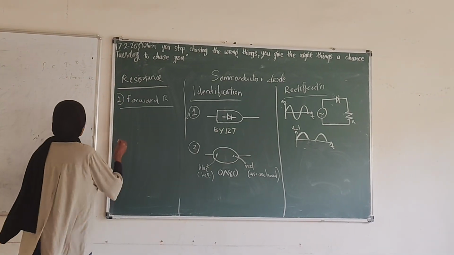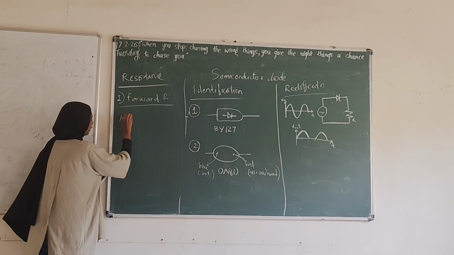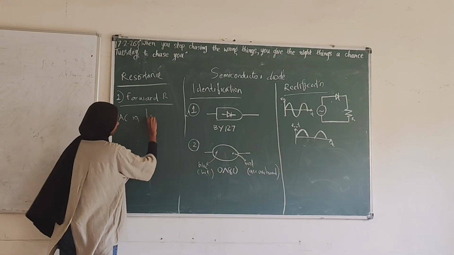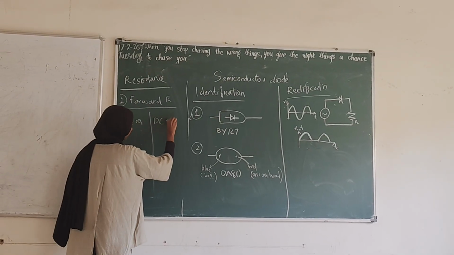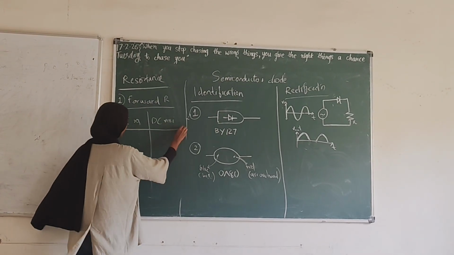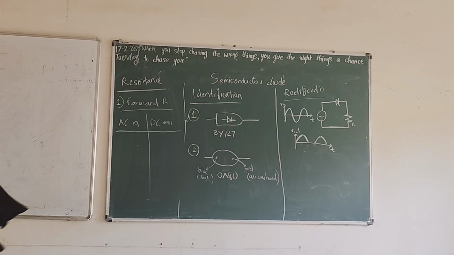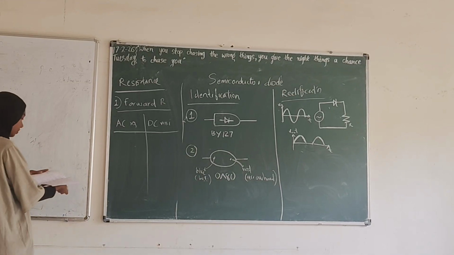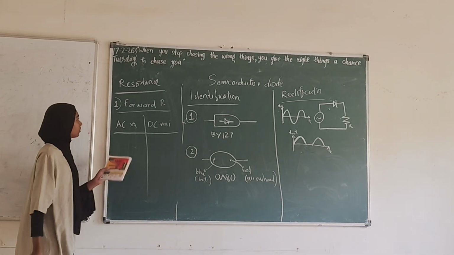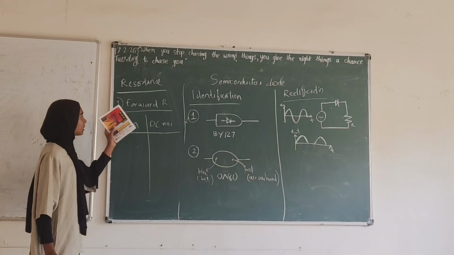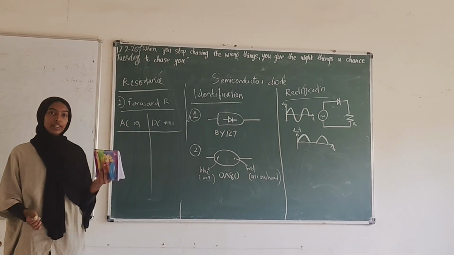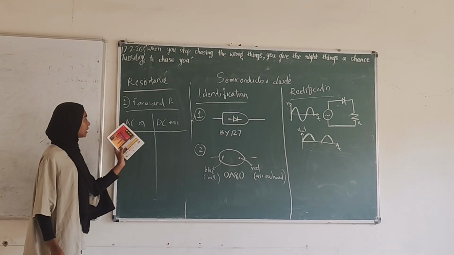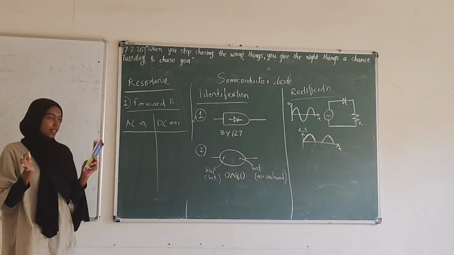So we can again classify it as AC resistance and DC resistance. Forward resistance means it is the resistance offered when it is forward biased. AC resistance means the resistance offered when it is in AC.